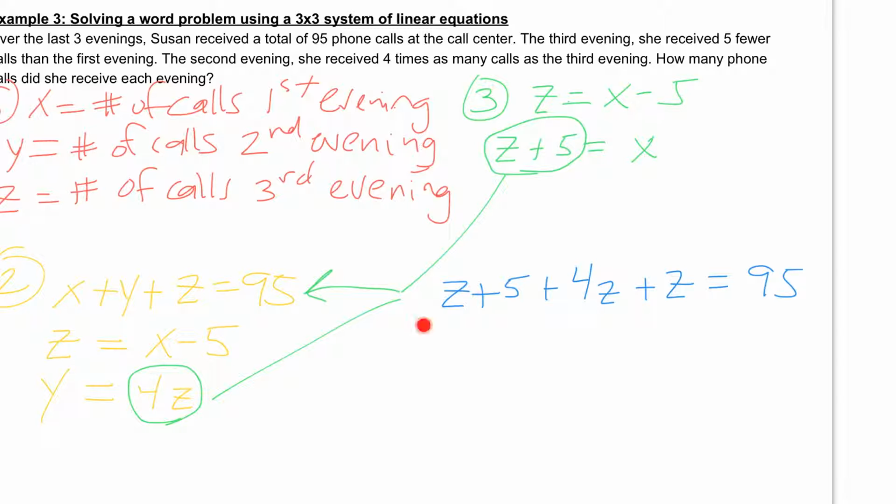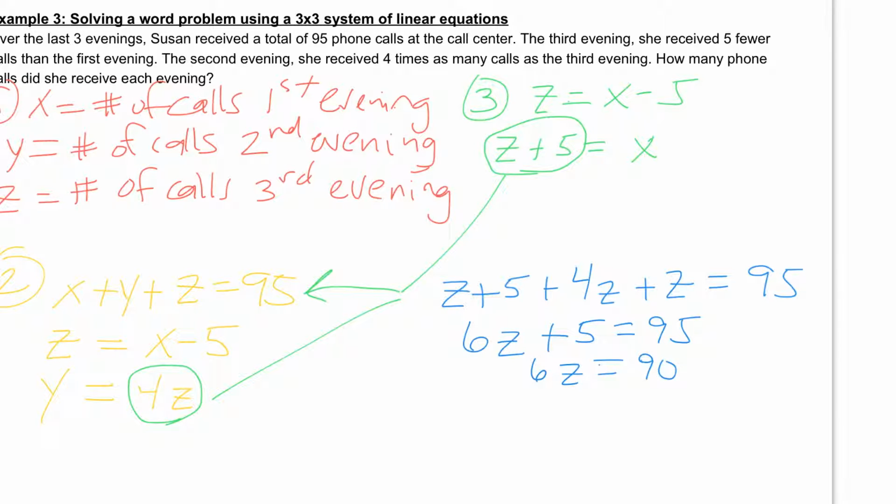Now I have all one variable. I have everything in terms of z, and I can go ahead and solve the problem. Start by combining like terms. 1z plus 4z plus 1z will give me 6z plus 5 equal to 95. If I subtract 5 from both sides, I get 6z equal to 90.